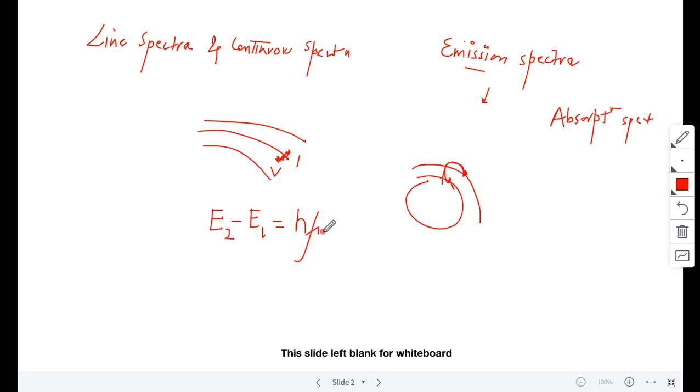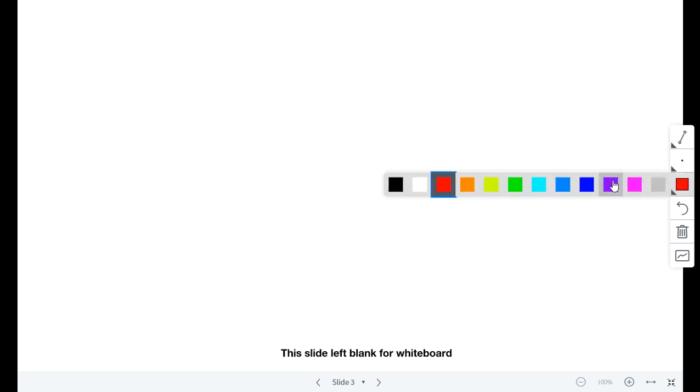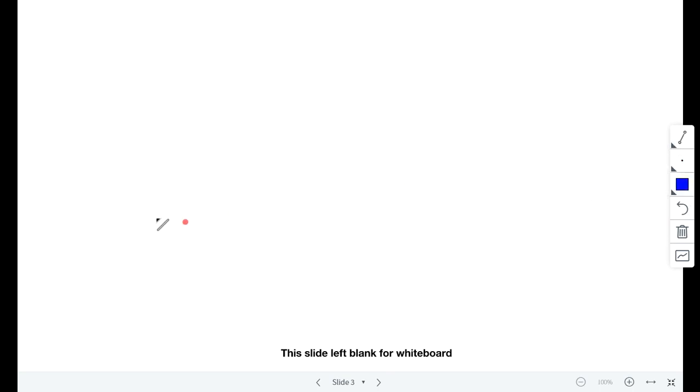Now, if I draw a spectral array, this is for n equals 1, that means for the ground state, and for n equals 2.